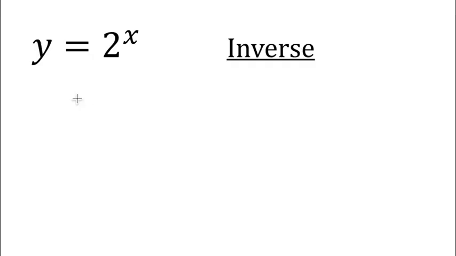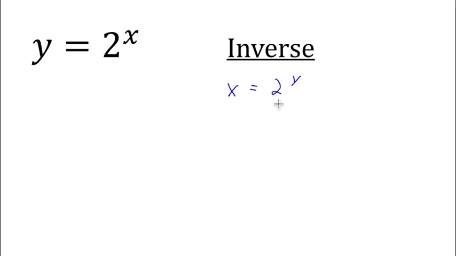To get things started, let's find the inverse of y equals 2 to the x power. The first step is to swap the x and the y. And now we solve for y. Y is in the exponent, so we're going to use the definition of a logarithm to rewrite this equation.